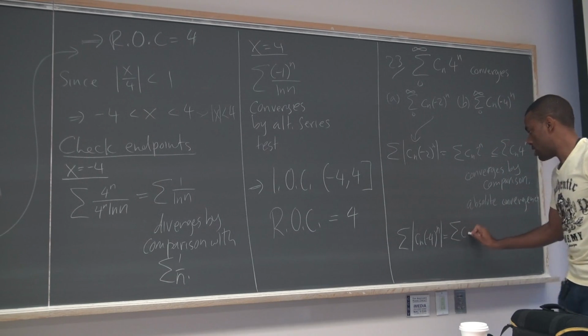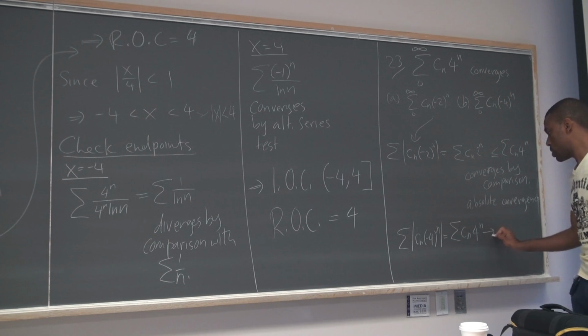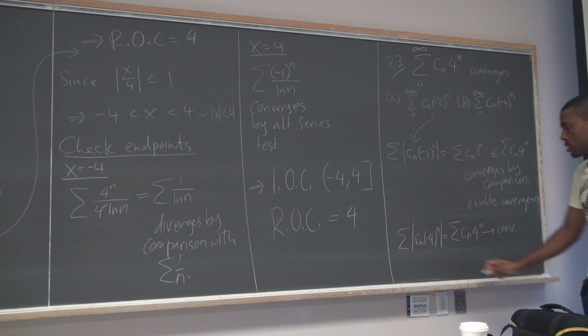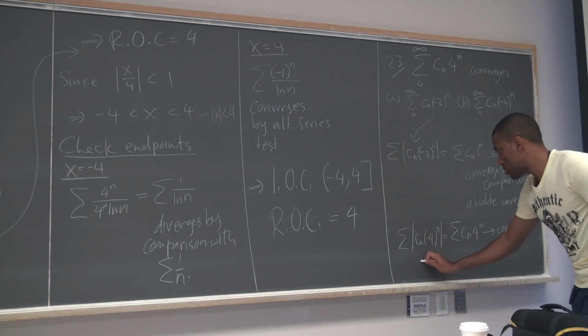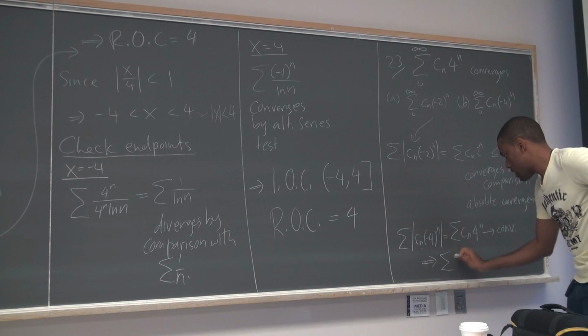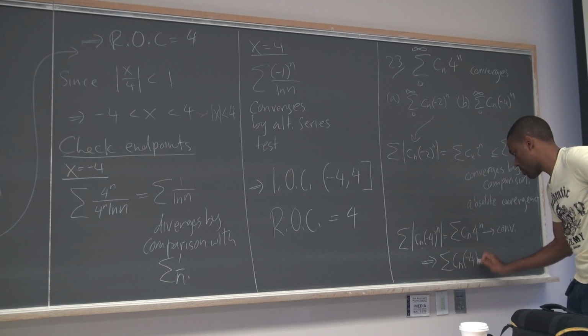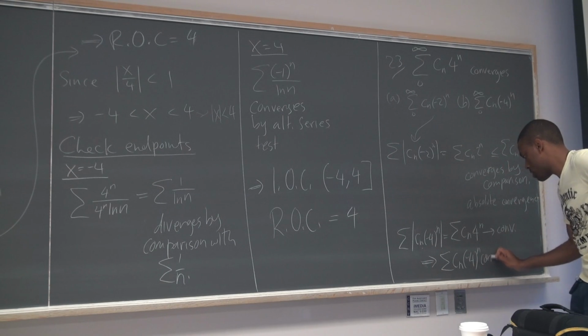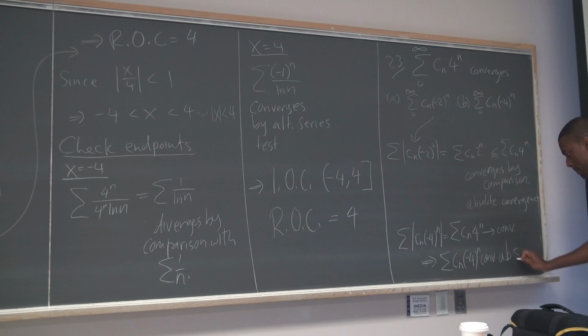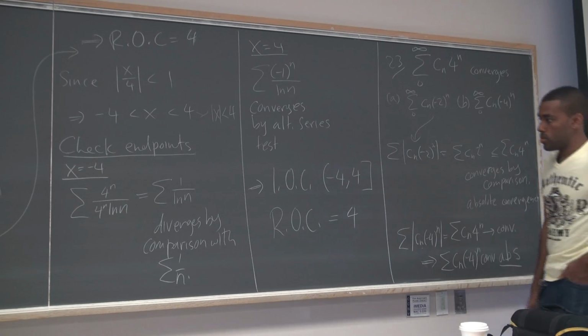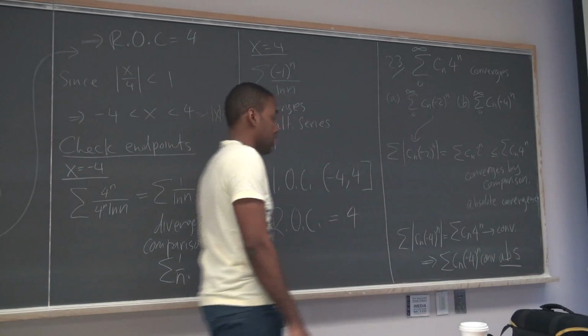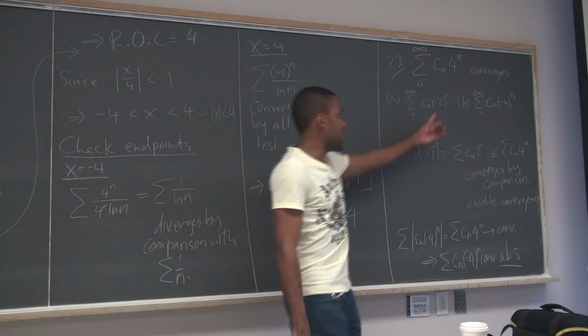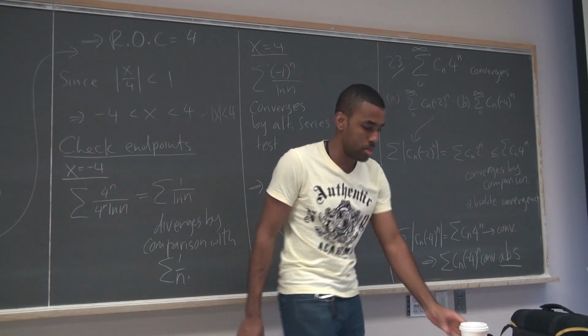That's just Cn 4 to the n, which converges. So this guy converges absolutely. Yeah, so I just use comparison. And if the negatives are a problem, just take absolute values, they go away.